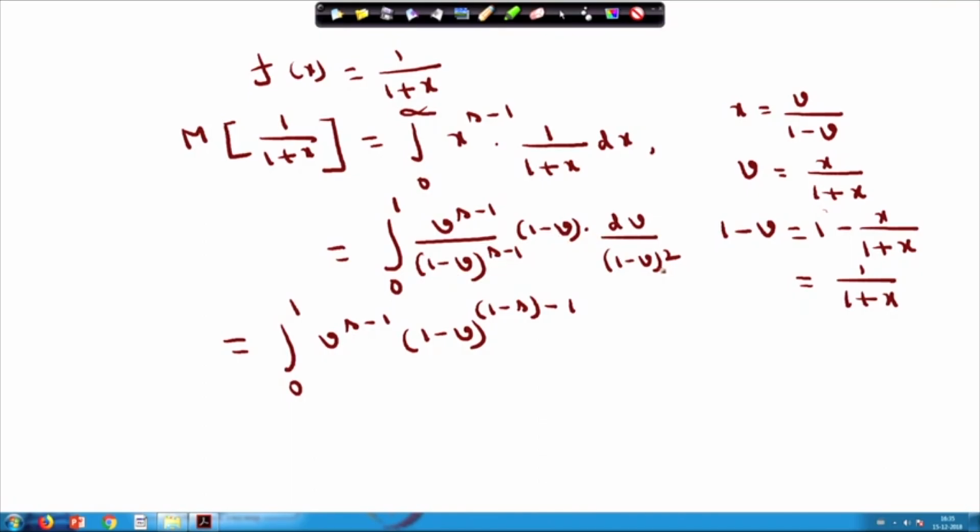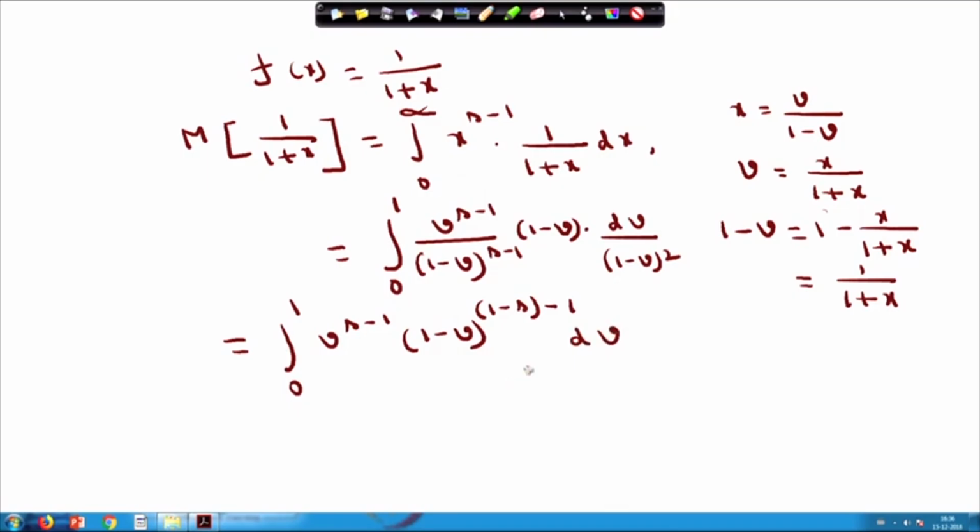So, one factor of 1 minus v will be cancelled, only one 1 minus v will be there. So, you have 1 minus v to the power s minus 1, this plus 1 will be cancelled, and 1 minus v to the power s, if I take it up, it will be minus s. So, I am writing 1 minus v to the power 1 minus s minus 1 into dv.